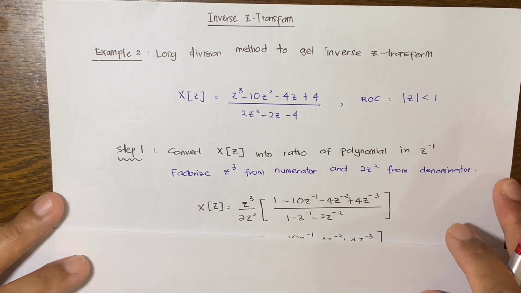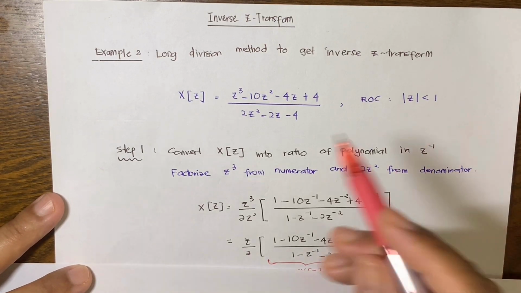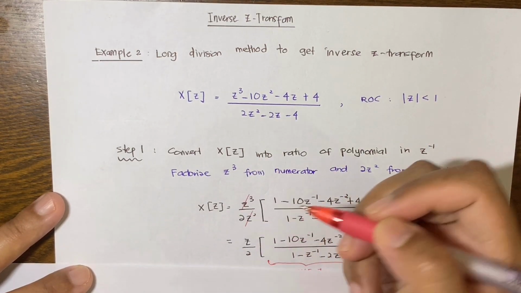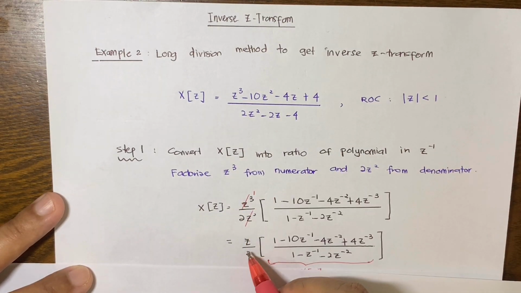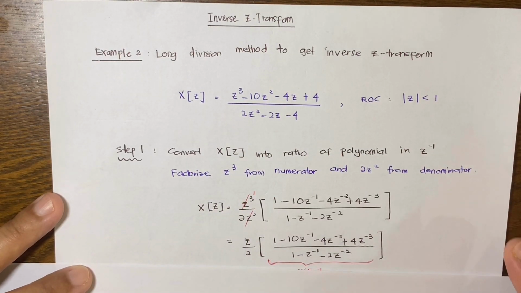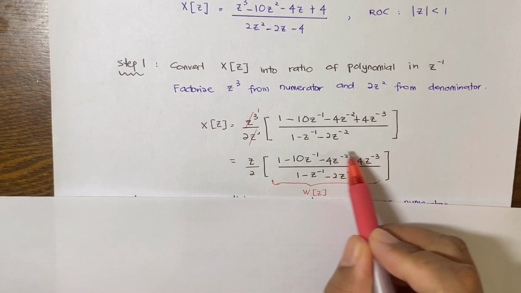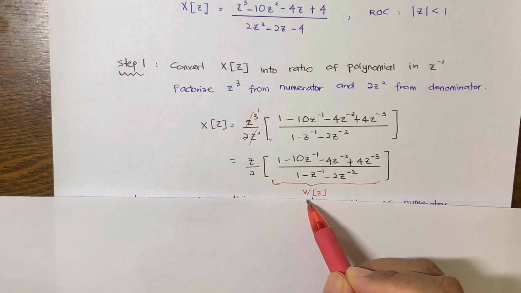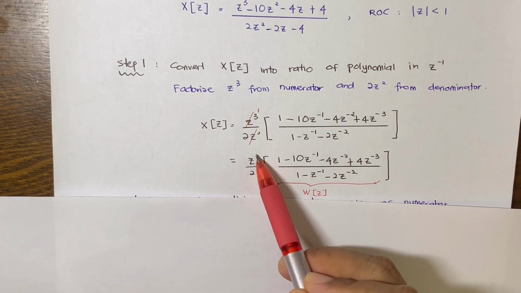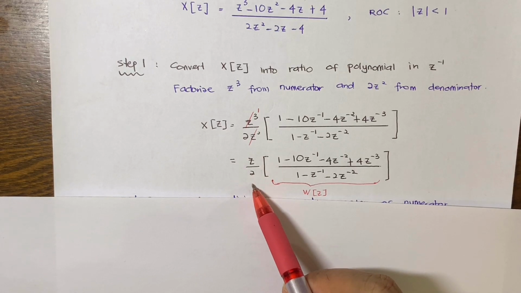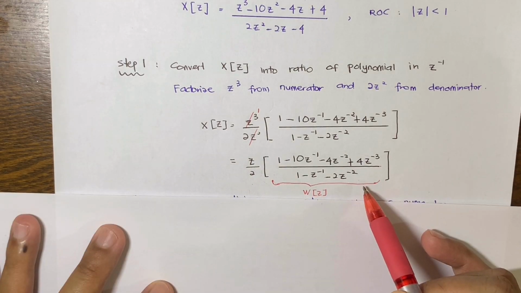Next, you need to simplify the z factors, so only z over 2 is left. We assume that this bracket is W(z), because X(z) includes z over 2, but we need to perform the long division method.